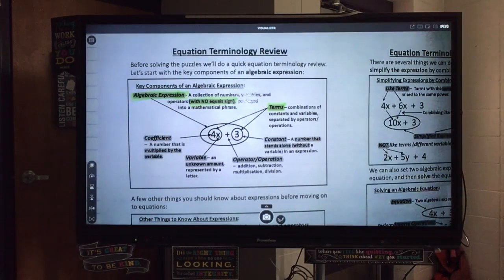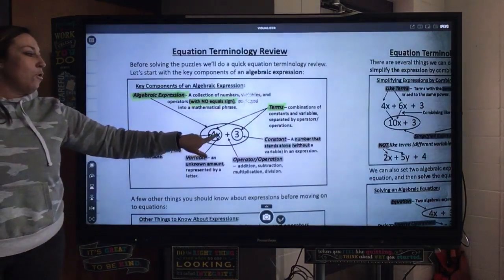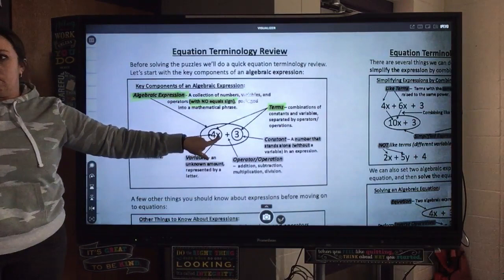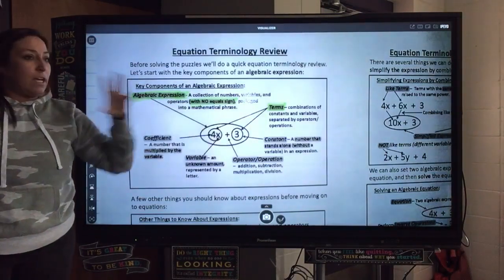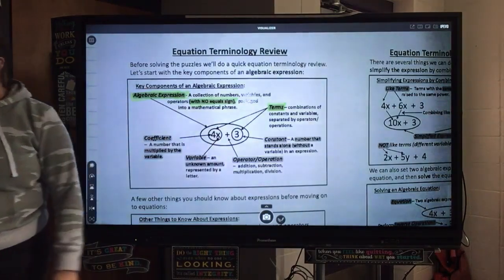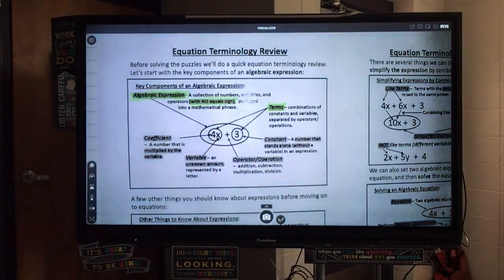It doesn't matter how many numbers or letters are pushed together, that is a term as long as it's separated by an operation, whether it's addition, subtraction, multiplication, or division. Now don't get confused and be like, but Miss Kimmy, isn't the 4 a term to the x? No, it's not. It's separated by an actual operation that you can actually see.